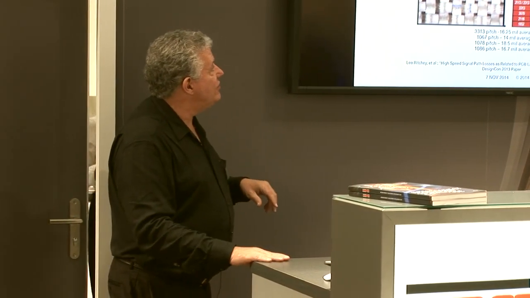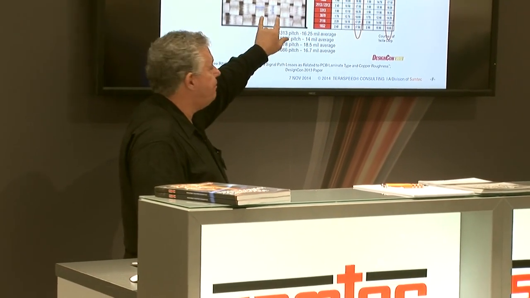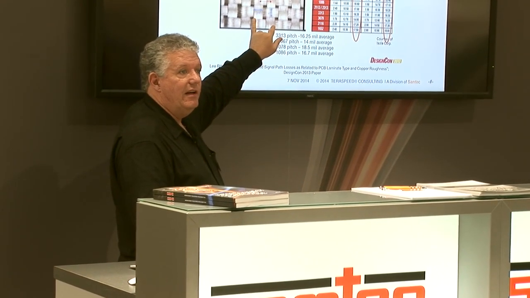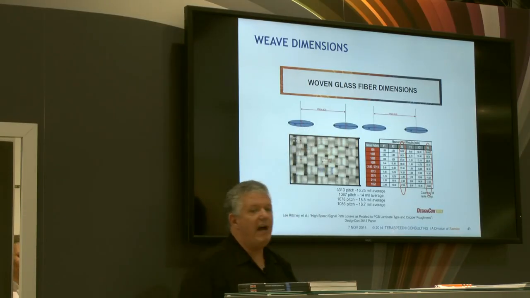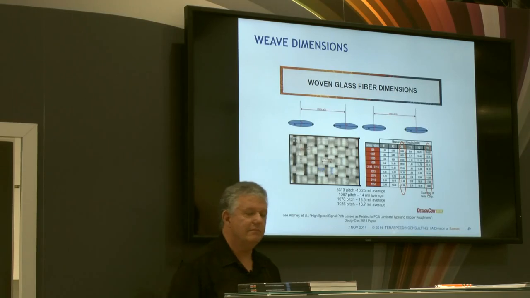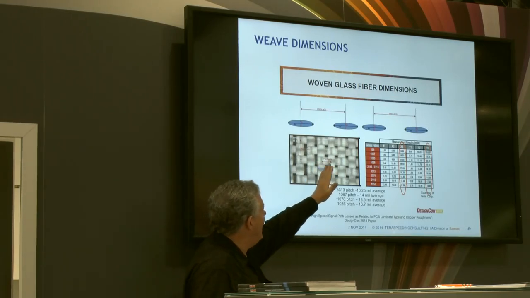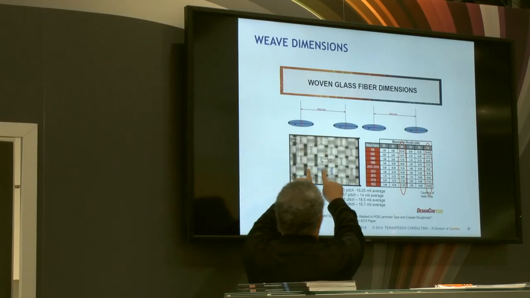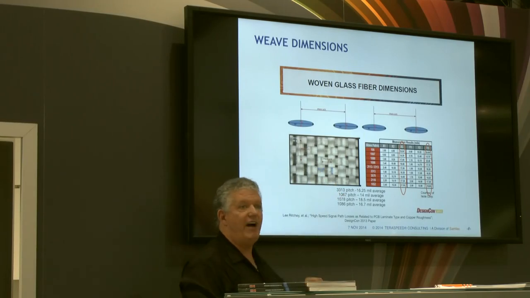Another way to control skew is to know what the pitch of your material is, and use geometry to your aid. So here's the pitch of a differential pair. Imagine that our fiberglass is this pitch here, but we routed our traces at half the pitch of the fiberglass.